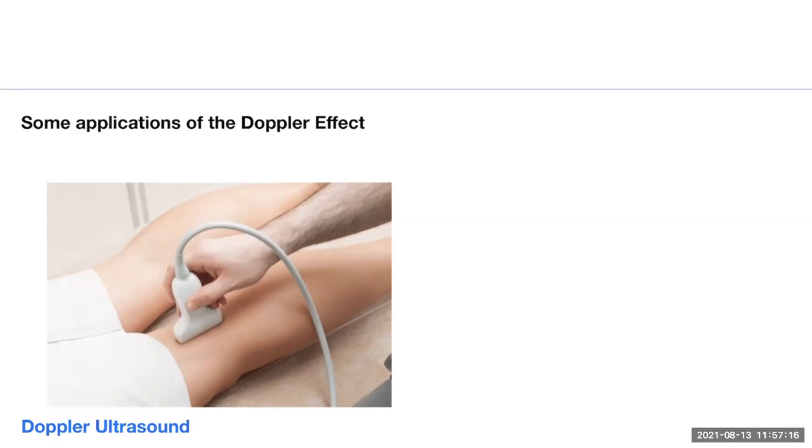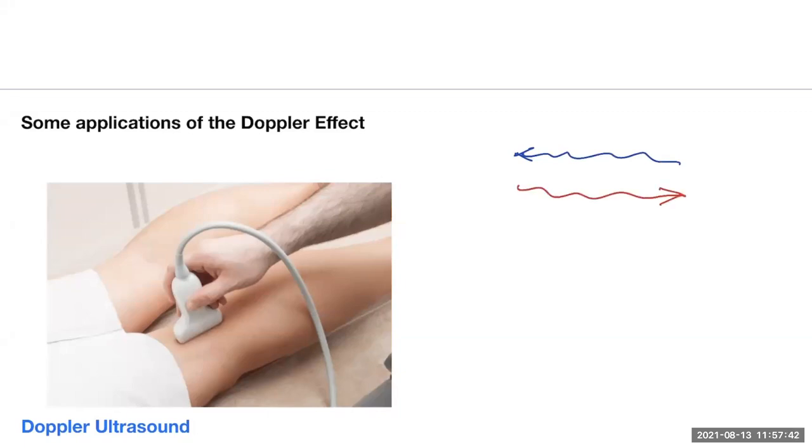So the Doppler ultrasound not only detects the signal, which is reflected ultrasound off of your body, it also detects any frequency shift. So it emits an ultrasound this way, and the sound gets reflected.